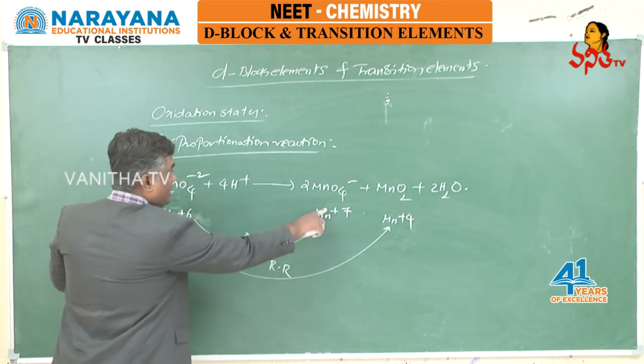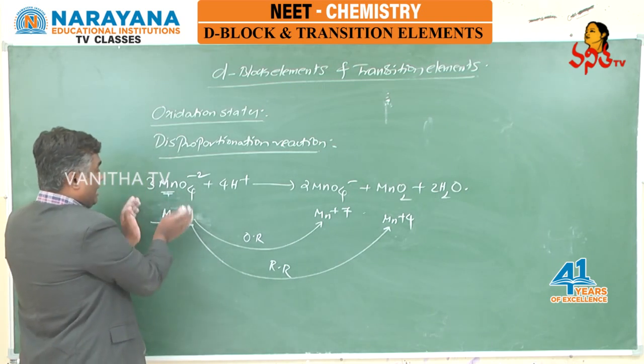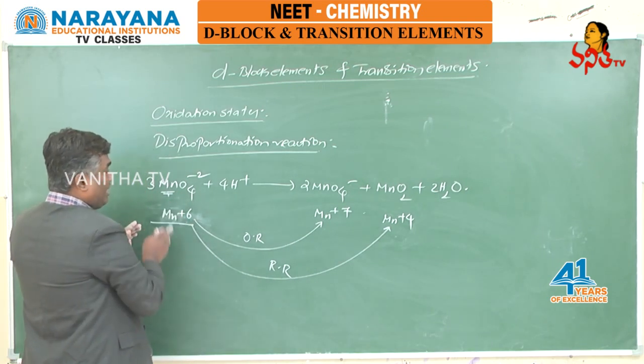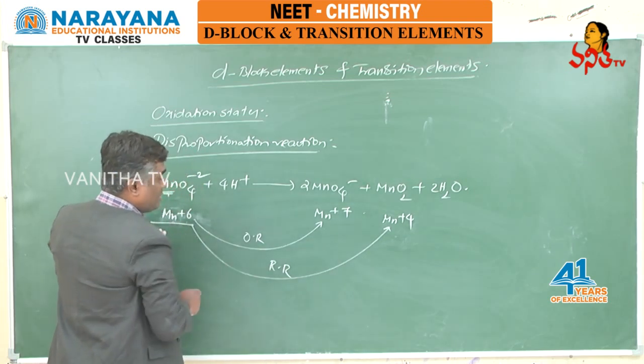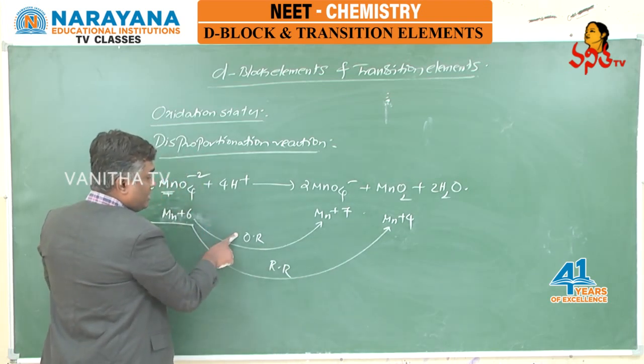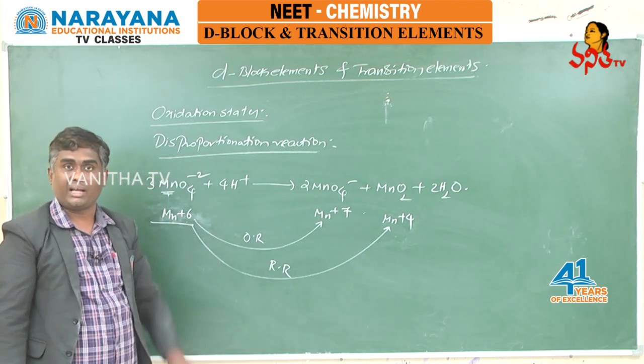It is increasing its oxidation number and decreasing its oxidation number, which means an element from a common oxidation state changes into 2 different oxidation states by participating in simultaneous oxidation and reduction reactions, known as a disproportionation reaction.